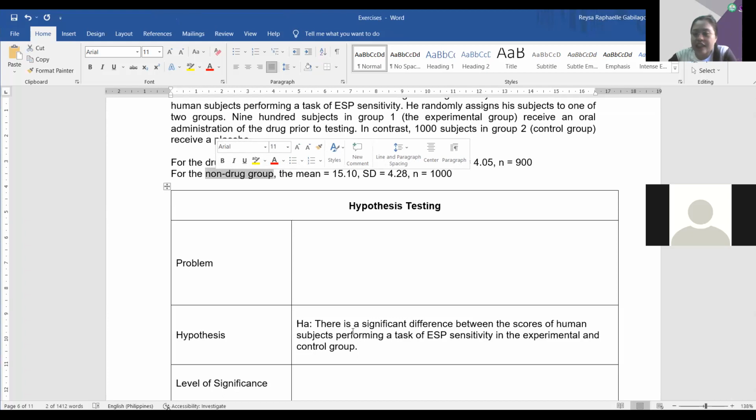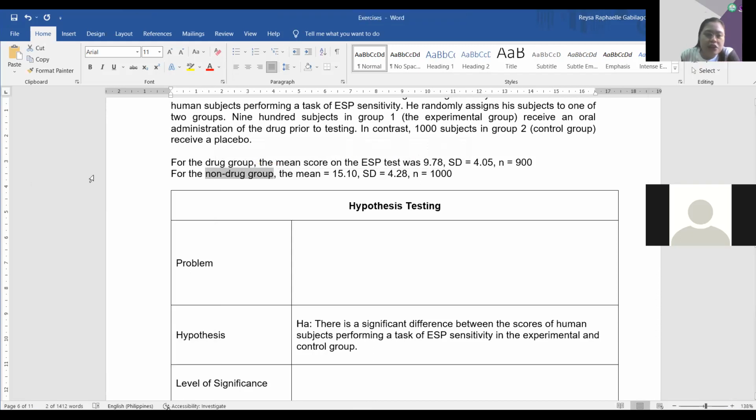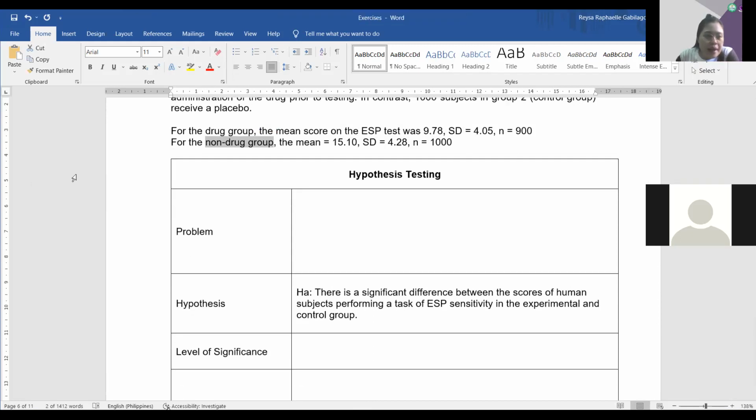So hindi naman tayo very strict with this na kailangan yung how I formulated the sentence ganun din sa inyo. No. Kaya matagal ako mag-check nito kasi binabasa ko yan siya lahat. Okay? I just want to see the variables there that you are comparing in your hypothesis. Okay?